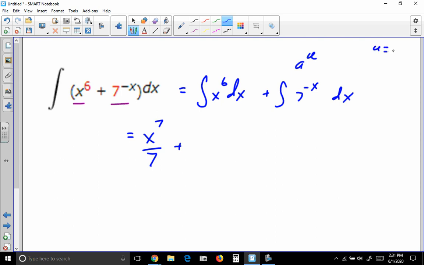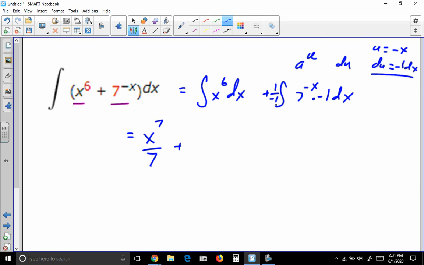If u is negative x, du is the derivative of that, negative 1 dx. So we need this to be du, so we need to multiply by negative 1 there to make that du. And if we multiply by negative 1 there, we need to divide by negative 1 out front.